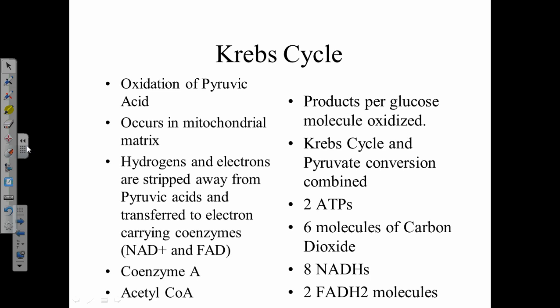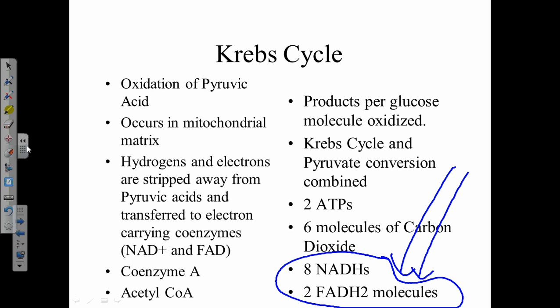So that comes out. We'll make 8 molecules of NADH and 2 of FADH2. And remember, when this step is over, most of the energy that used to be in the sugar is now right in here. And it's the job of step 3 to get the energy out of here and make lots and lots of ATP.